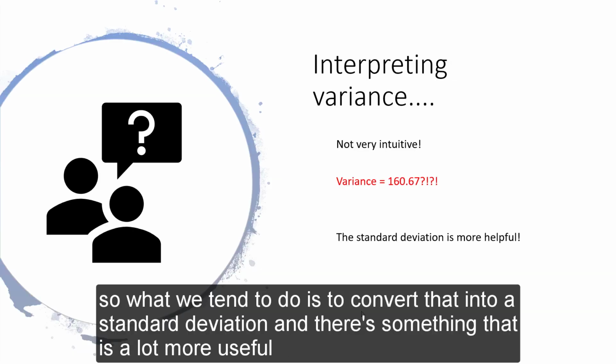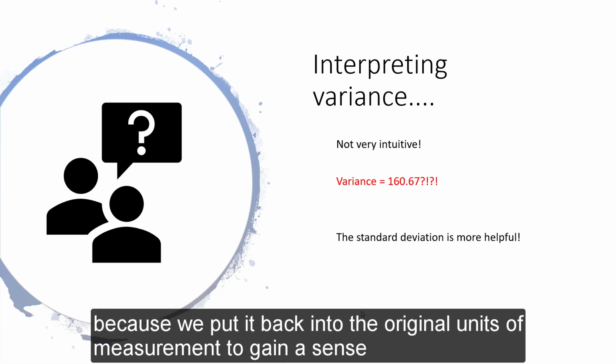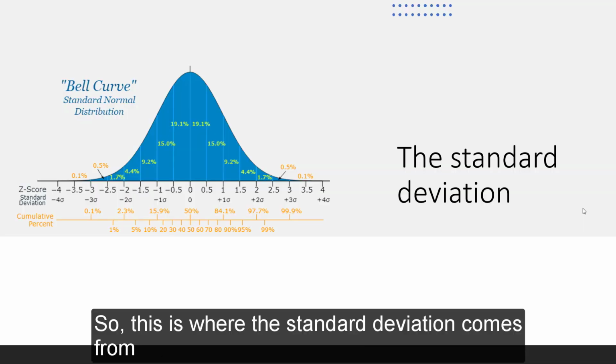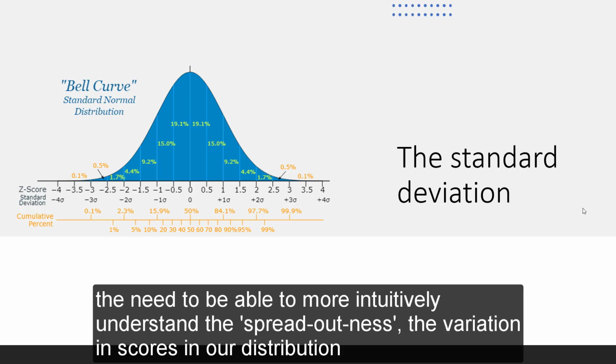So what we tend to do is convert that into a standard deviation. This is a lot more useful because we put it back into the original units of measurement, and we get a sense of the spread of our data. So this is where the standard deviation comes from: the need to more intuitively understand the spread, the variation in scores in our distribution.